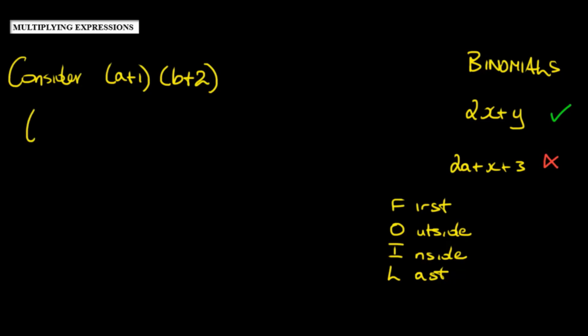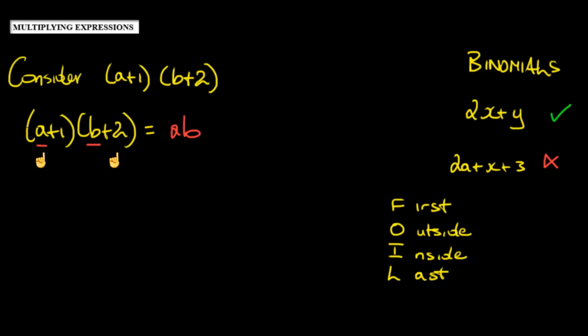So we have a plus 1 times b plus 2. That means we're going to multiply the first terms. Our first terms in both these expressions are a and b. So that means we're going to multiply a, b. Next, we're going to multiply the outside terms.